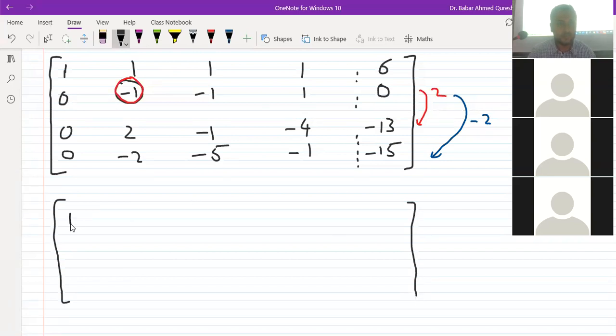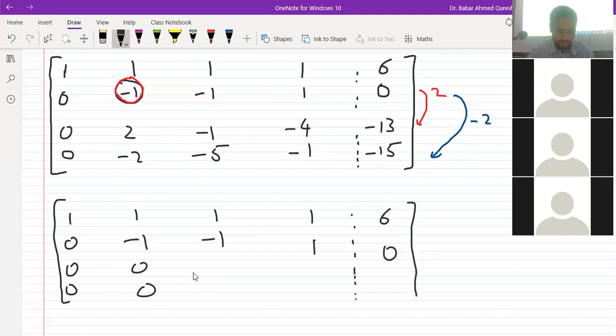Again these rows remain same. You should be doing it with me. These I know are going to be 0 by construction.